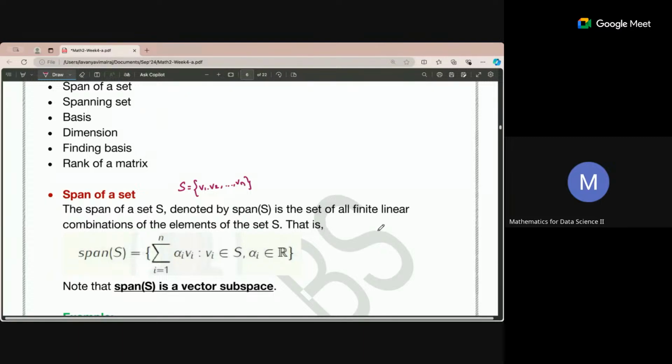For example, if my set S is a singleton set, say (1, minus 1), can you tell what is span of S? It is a times (1, minus 1), where a is a real number.